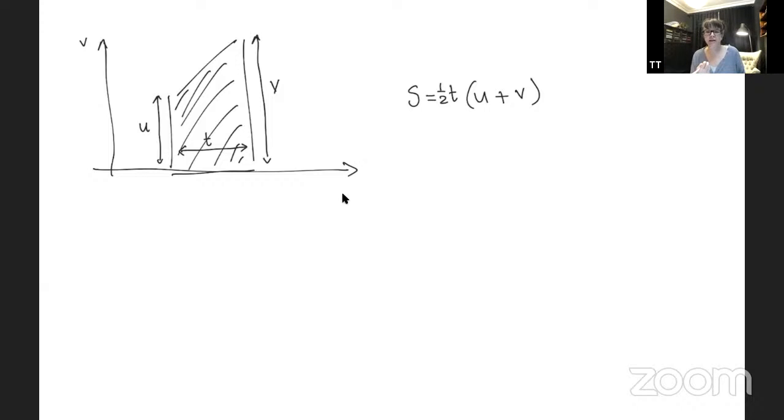So that's the first thing they test, is displacement is the area underneath. The next thing that they test, there's only two, is that acceleration is the gradient. So let's have a look at that. Here's the line. The gradient is the change in y over the change in x. So the change in y is this bit here, and the change in x is this bit here.